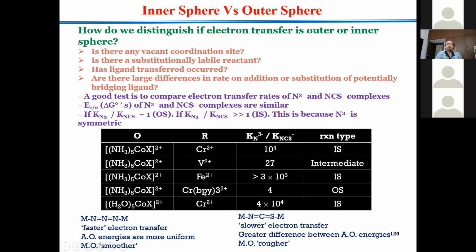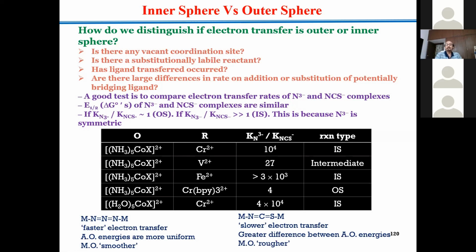It is outer sphere because there is no labile group over here. That means you have to create a vacancy over here. Otherwise, if X is attached to chromium, it will be 7 coordinated. But bipyridine is a chelating ligand, not a monodentate ligand. If one bipyridyl leaves, it binds to the metal very strongly, so it will not leave so easily.